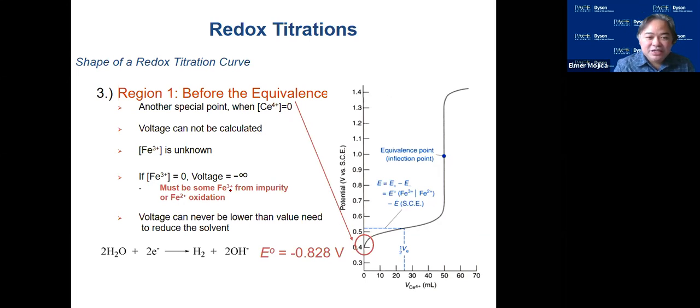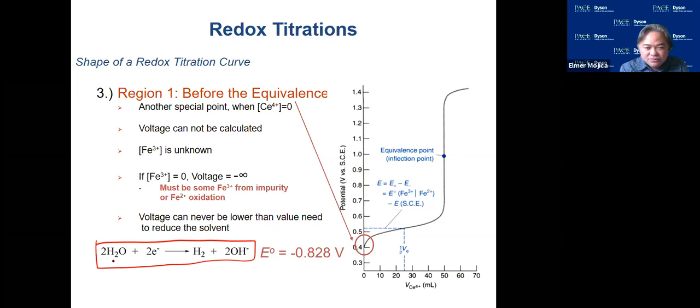There must be some Fe3+ from impurity or Fe2+ that has been oxidized. So voltage can never be lower than the value needed to reduce the solvent. You also have to consider the water, and this has a potential equivalent to this.